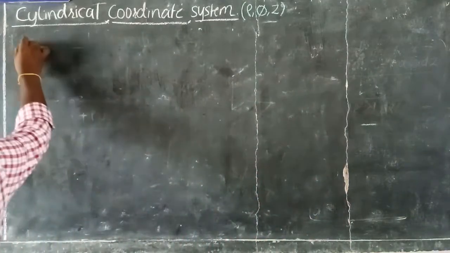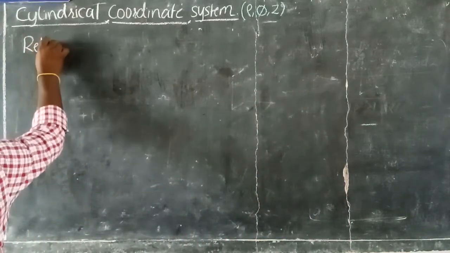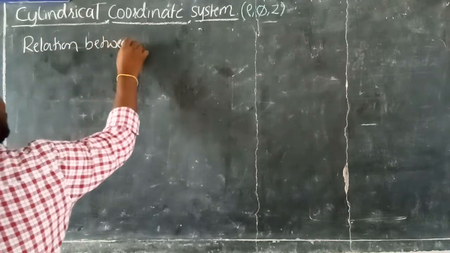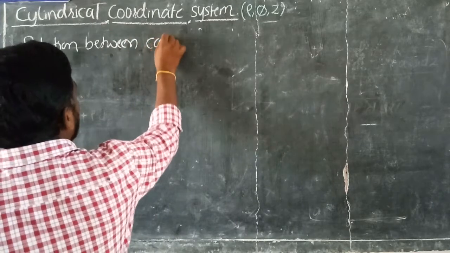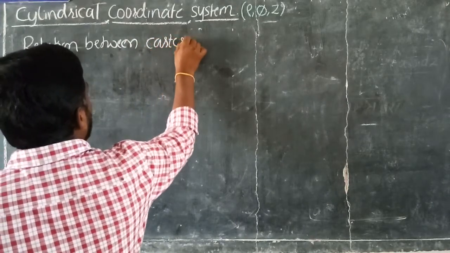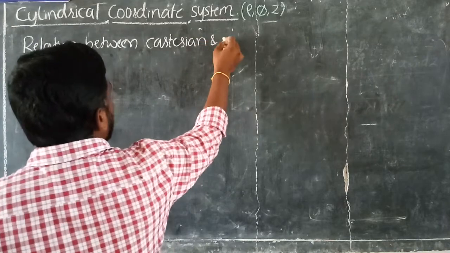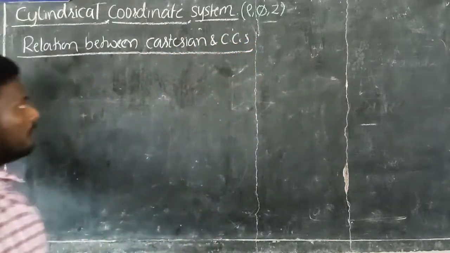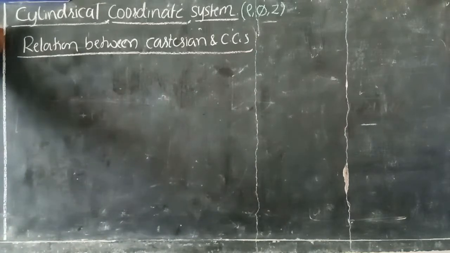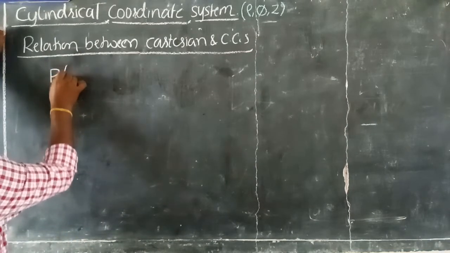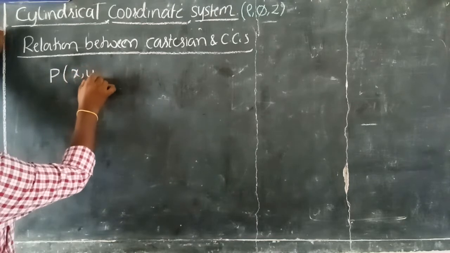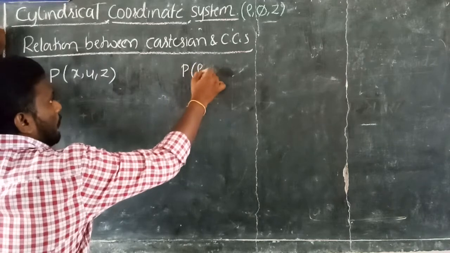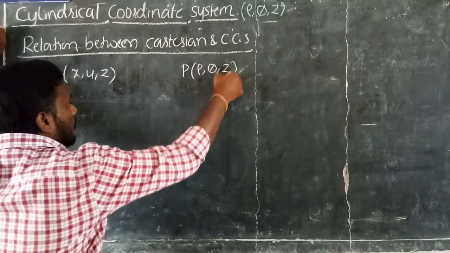To get the relation between the Cartesian and cylindrical coordinate system, let us take a point which is x comma y comma z in Cartesian coordinate system and point P of rho comma phi comma z in cylindrical coordinate system.